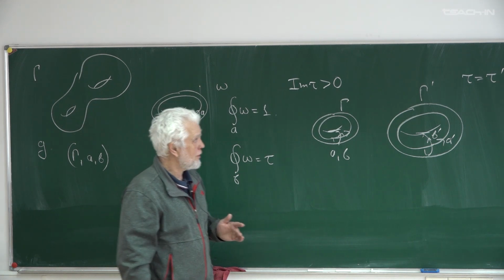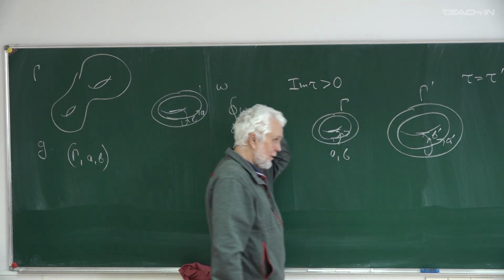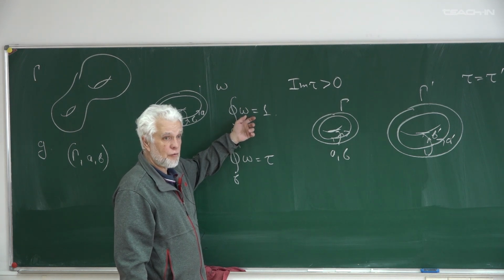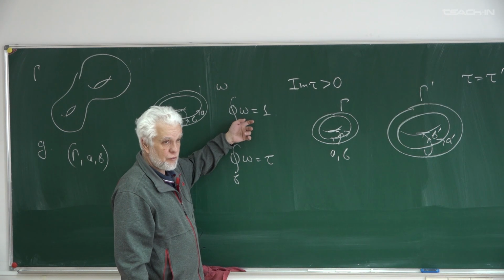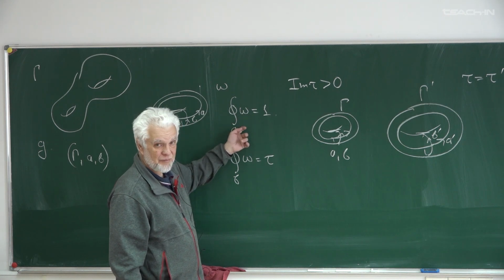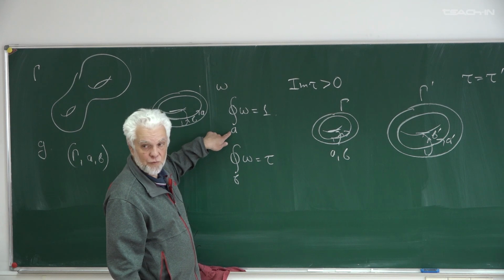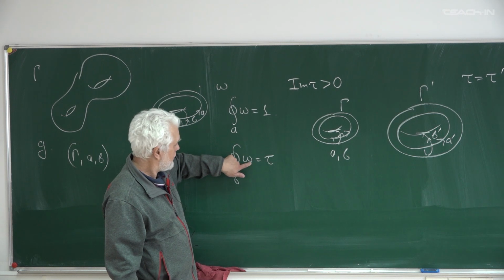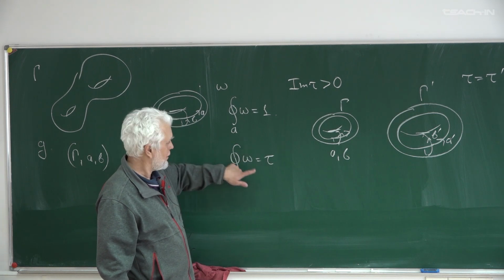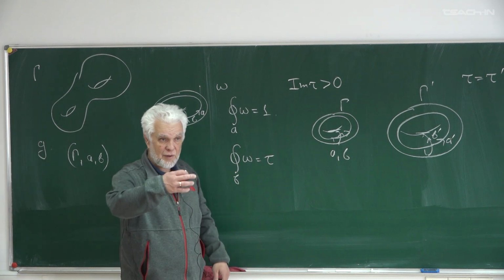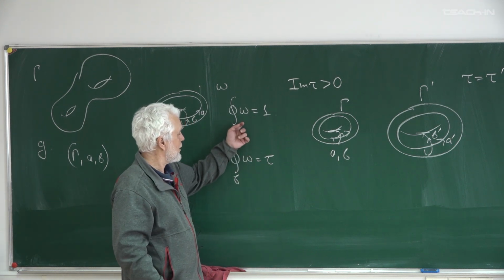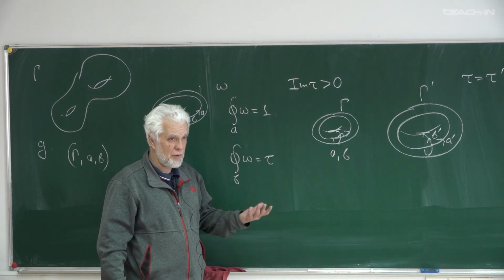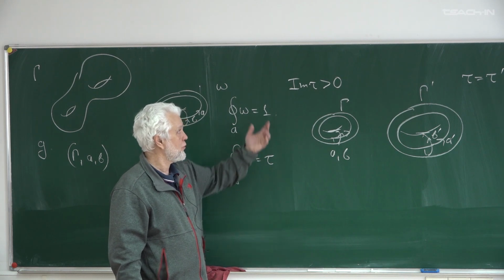The space of such objects is the upper half plane. Why? If we have a torus, we have a one-dimensional space of holomorphic differentials. We can fix the differential by assuming this normalization; the choice of A is essential. Then we have exactly one number tau, the integral over the B cycle. We use the A cycle to normalize the differential, and we proved in the previous lectures that the imaginary part of tau is positive.